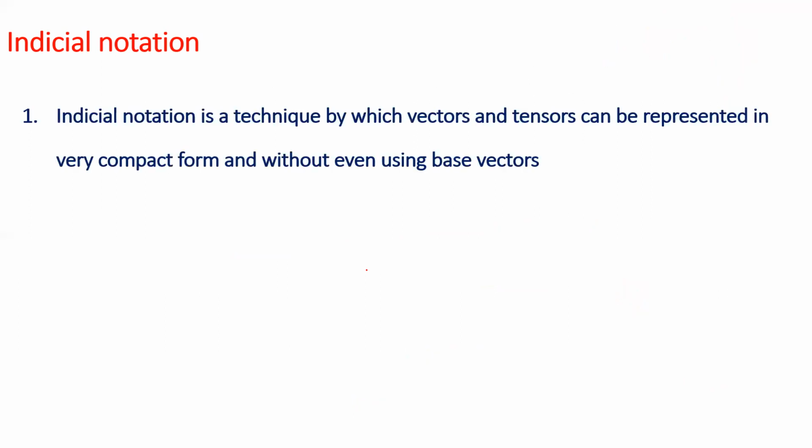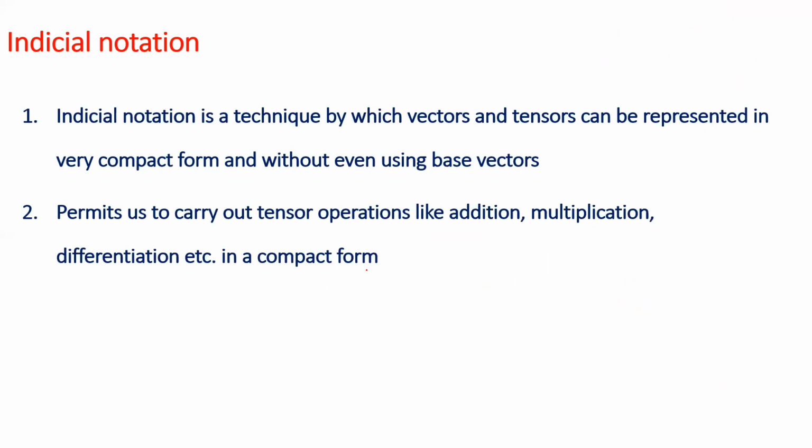Right, so let's continue on this. As I said, we will use indicial notation to represent vector equations because that's what we encounter in our course and broadly in mechanics as well. And what is the need apart from writing it in shorthand notation? The indicial notation also helps us simplify other expressions.